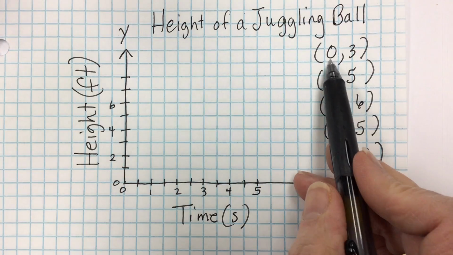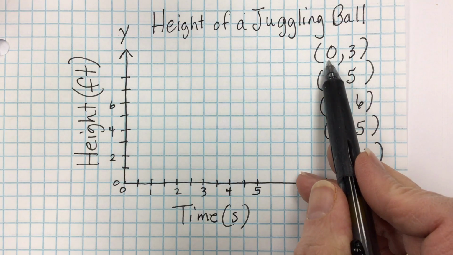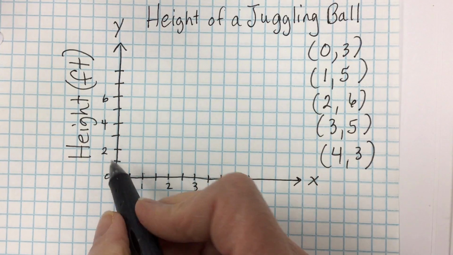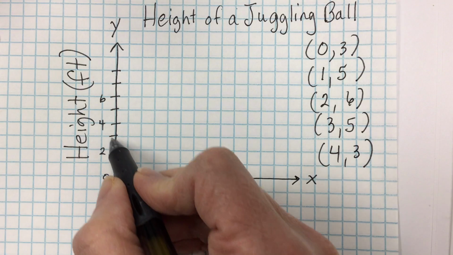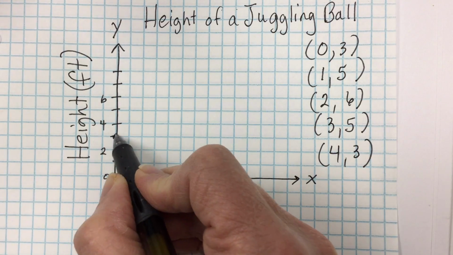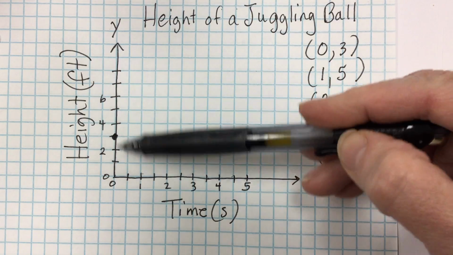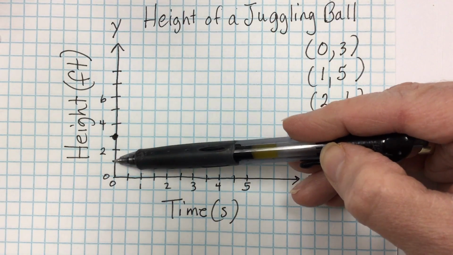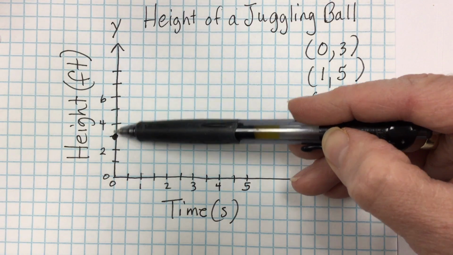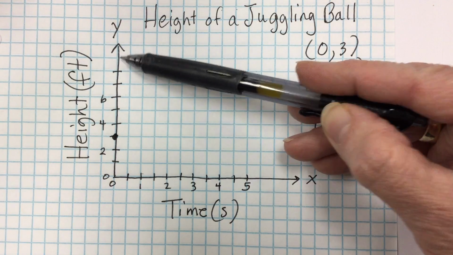All right, 0, 3. Remember, the first number's X, the second number's Y. So 0 up, 1, 2, 3. So right here. Now notice my vertical axis is representing the height. Every little marking is representing 1, 1, 2, 3, 4, and so forth. Always check that.